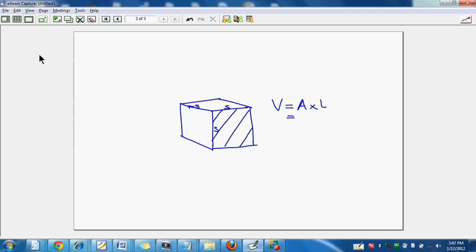So the area of this cross section will be S multiplied by S, and then you have to multiply that by the length that is perpendicular to it, which would be this length here, from here to here, which again is S. So that our volume in this case will be S by S by S, which is S cubed, right? So we learned that the volume of a cube is S cubed. Okay, so take that down.